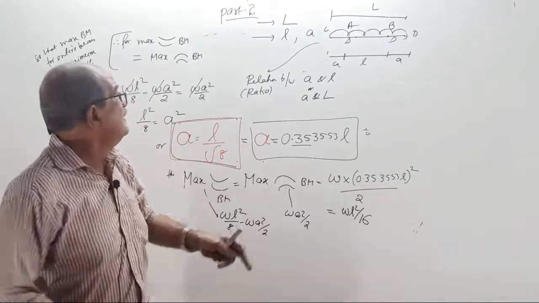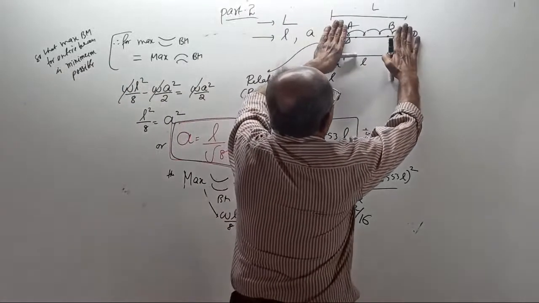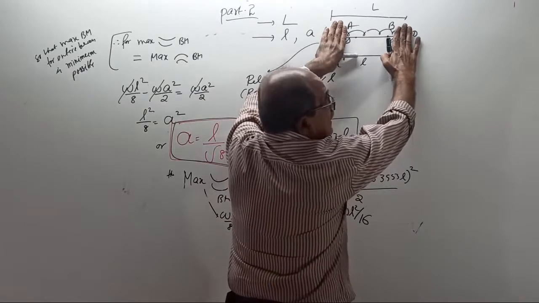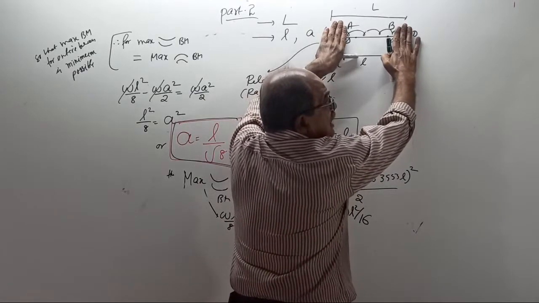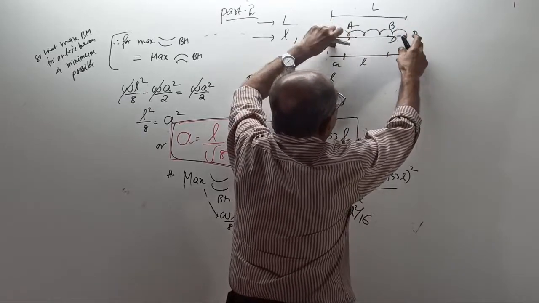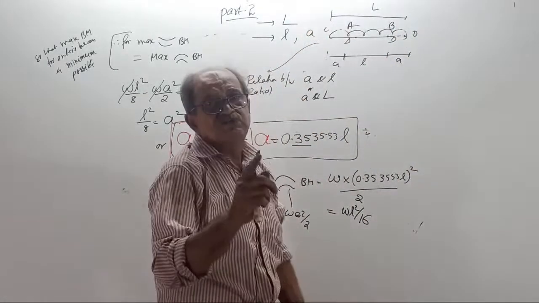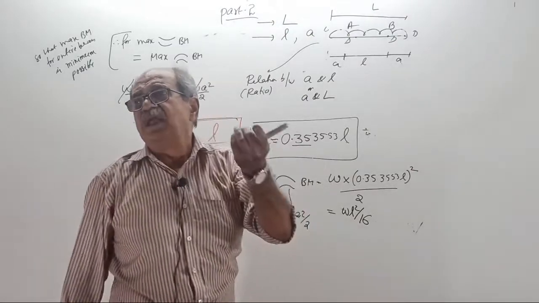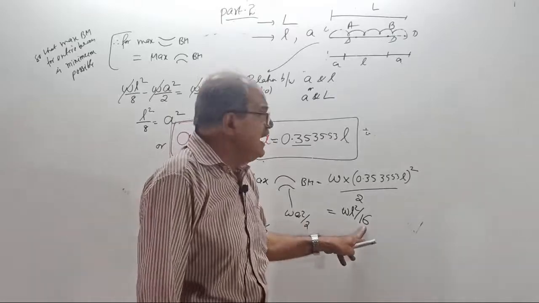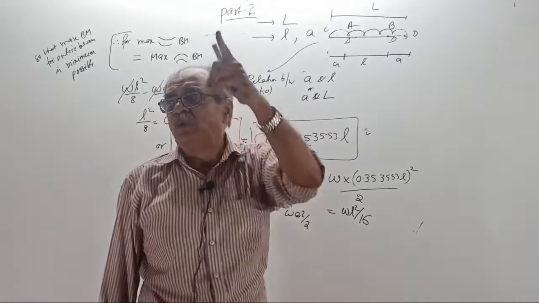Clear now? See, if the overhangs are not there, bending moment is WL square by 8. If you provide proper overhang, the WL square by 8 BM can be reduced to 50%. Because 1 by 16 is half of 1 by 8.